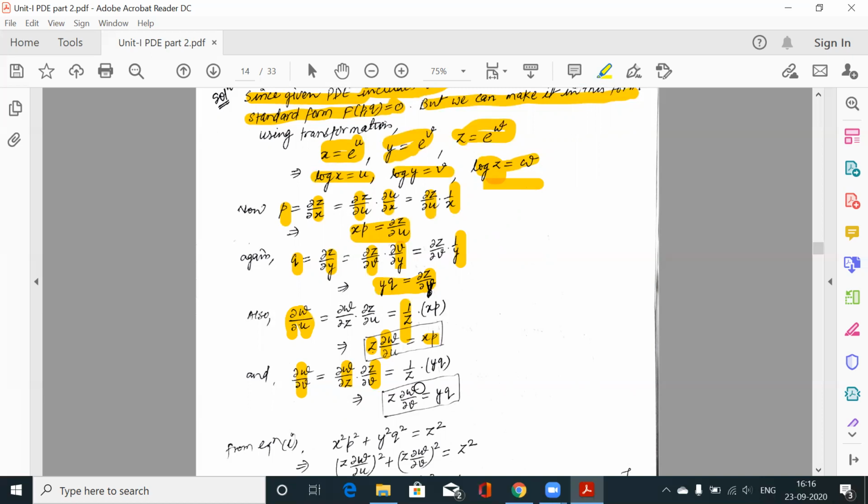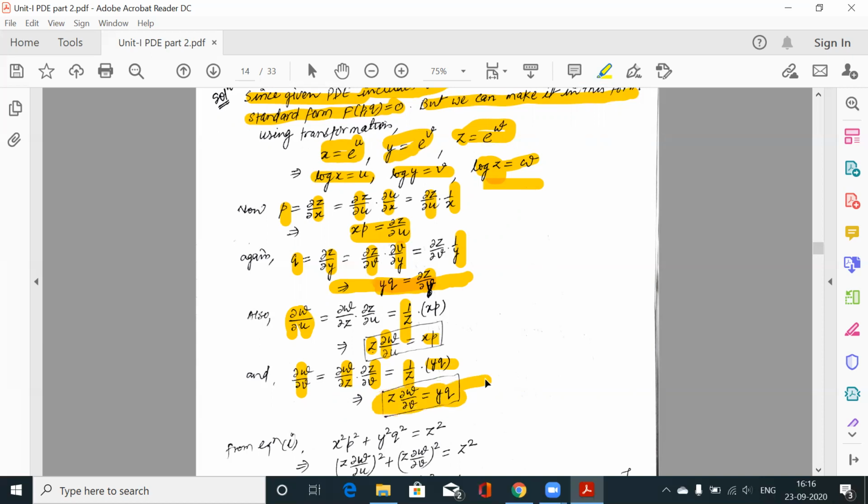So w is indirectly a function of u and v. So similarly, del w over del z is 1 by z, and del z over del v from this equation is y q. So z will go on this side: z del w over del v is equal to y q.